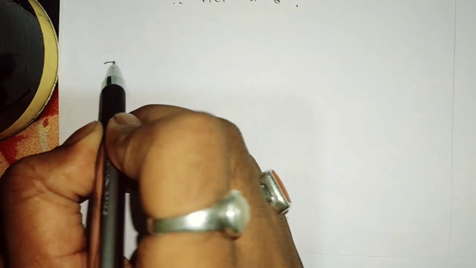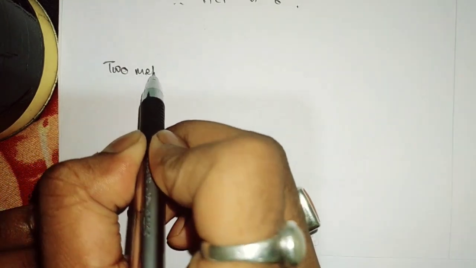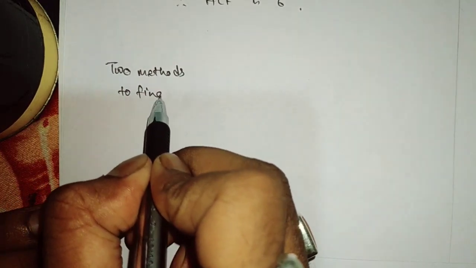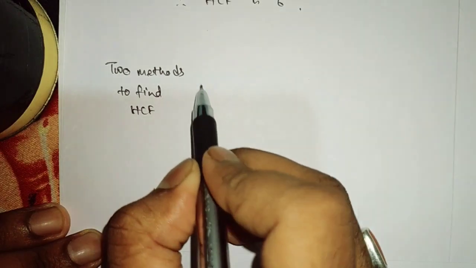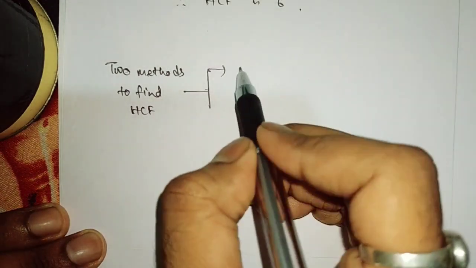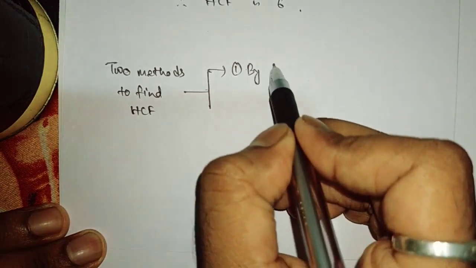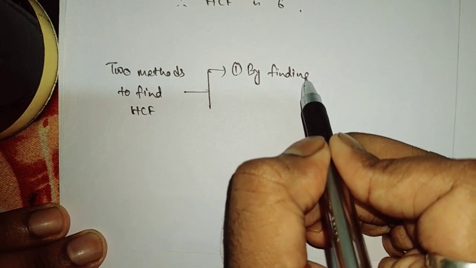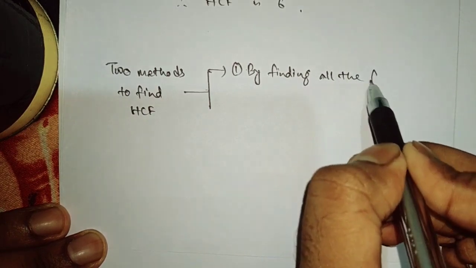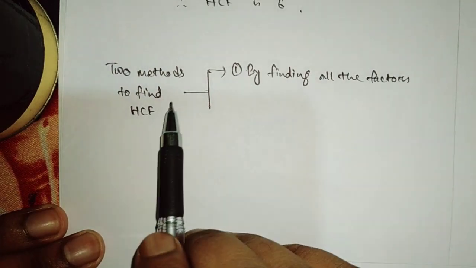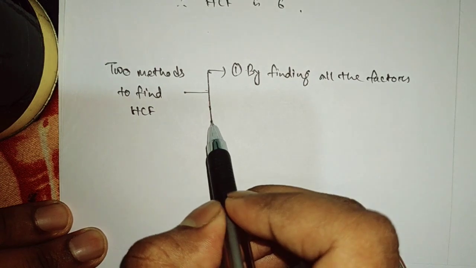So basically there are two methods to find HCF. Number one is by finding all the factors. By finding all the factors, we can find out the HCF.